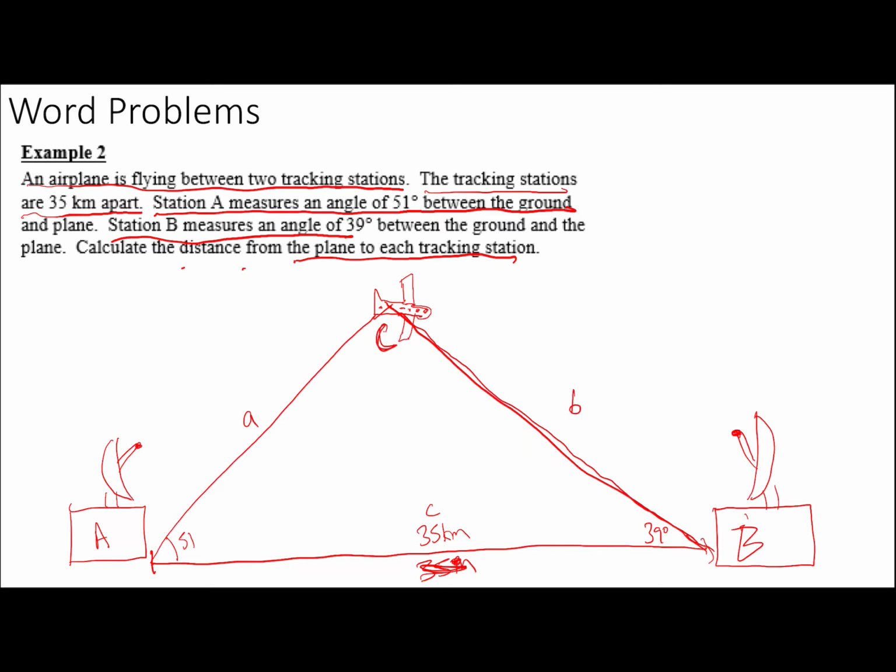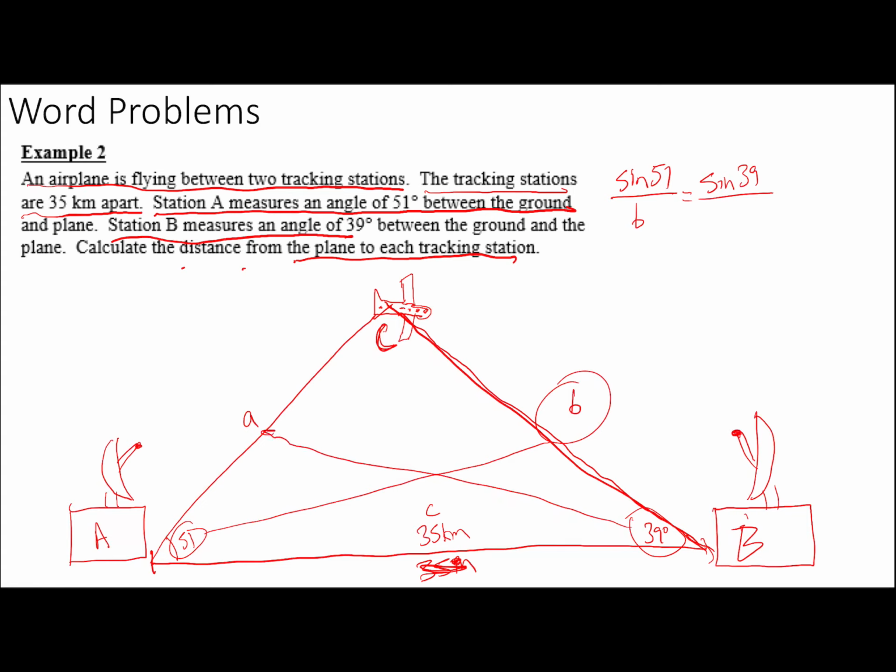Well, let's look at the sine ratio. Sine of 51 over B, taken with its opposite side, equals sine of 39 over A, which equals sine of whatever this angle is over 35. What is that angle, by the way?